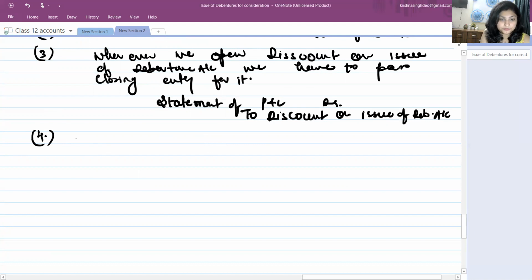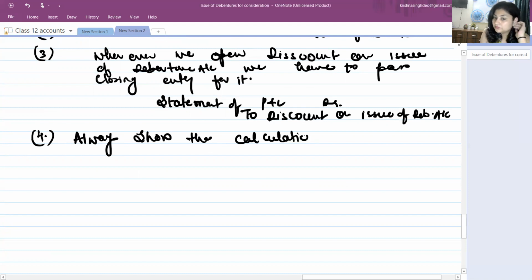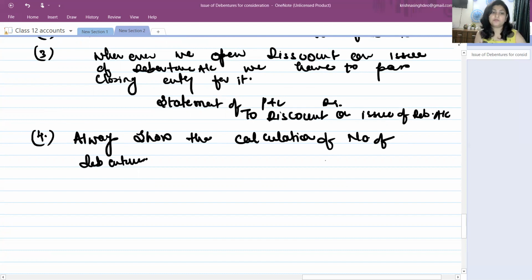Number 4, always show the calculation of number of debentures. Don't do it only in your calculator and keep it. You have to show as working note always.